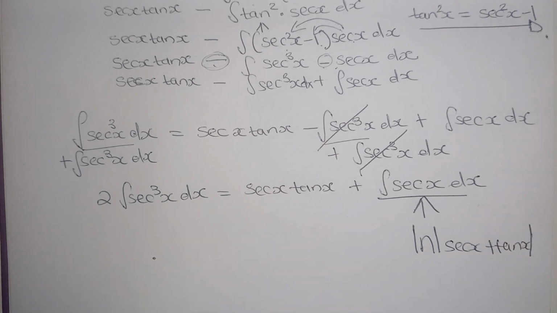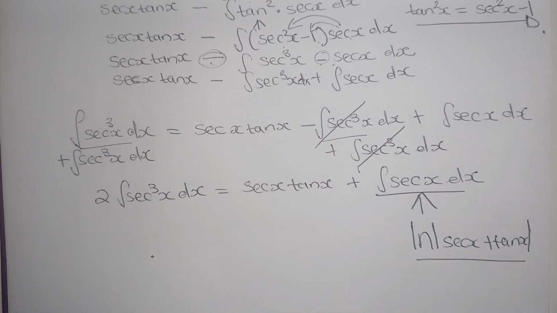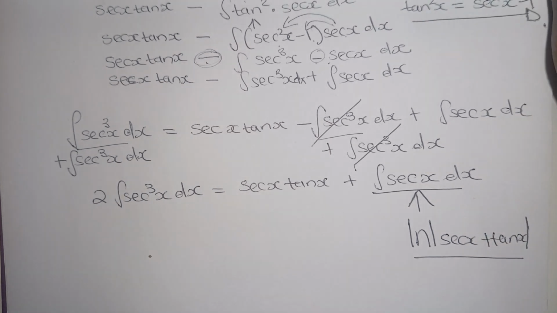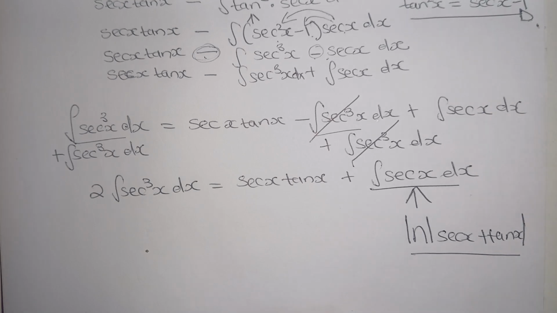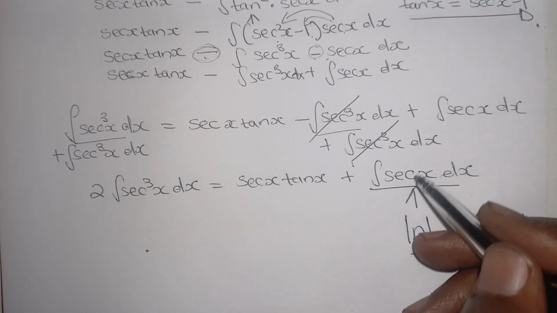I am not cheating anybody. I taught you to do so. I showed you that you have to do this and this and this to find this. So I'm not gonna do it again, and you can still find it in your table if your lecturers are kind enough to give it to you, but you need to watch the video at the beginning so that you will know how to integrate this.